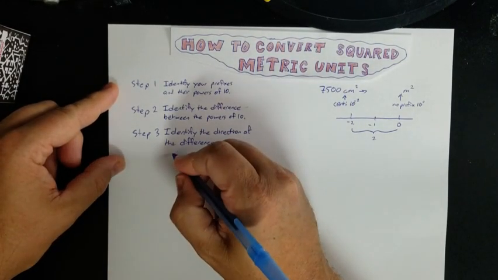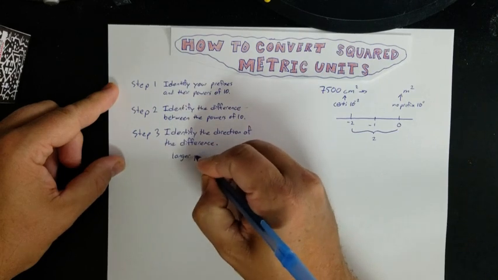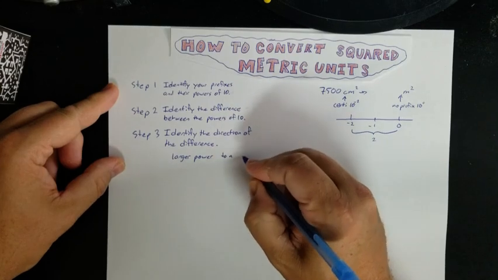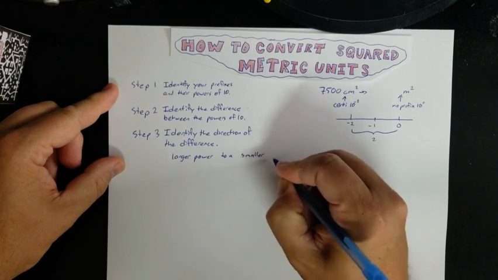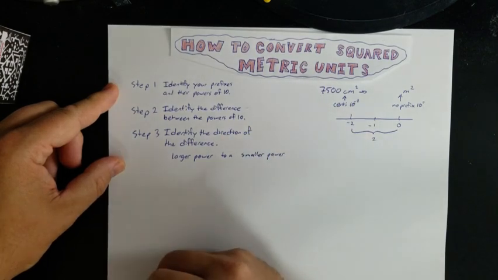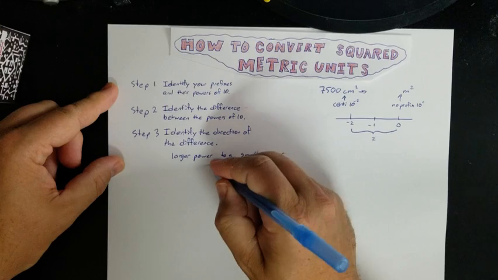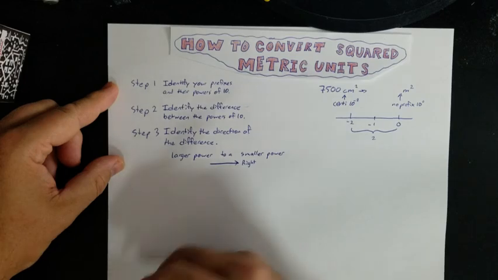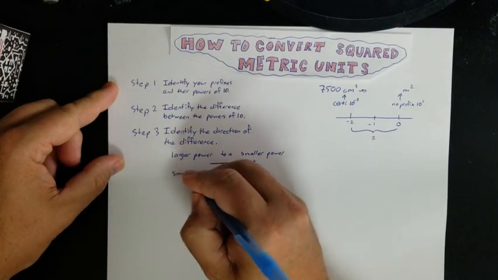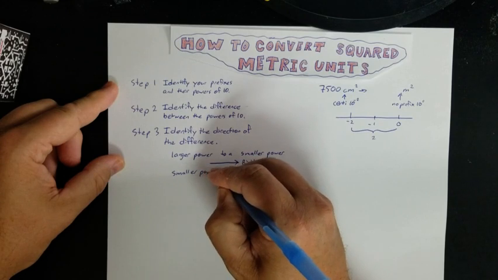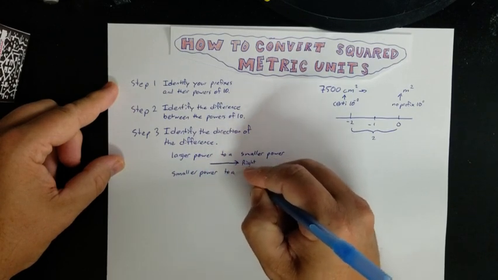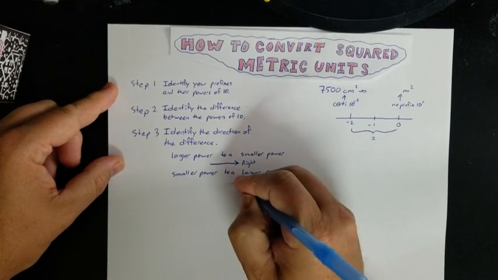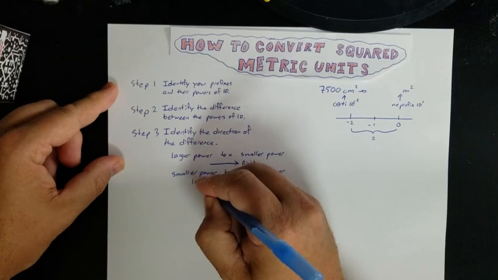So if you're going from a larger power to a smaller power, then what's going to happen is you are going to be moving to the right. Or the decimal will go to the right. If you're going from a smaller power to a larger power, well, then you are going to be going to the left.